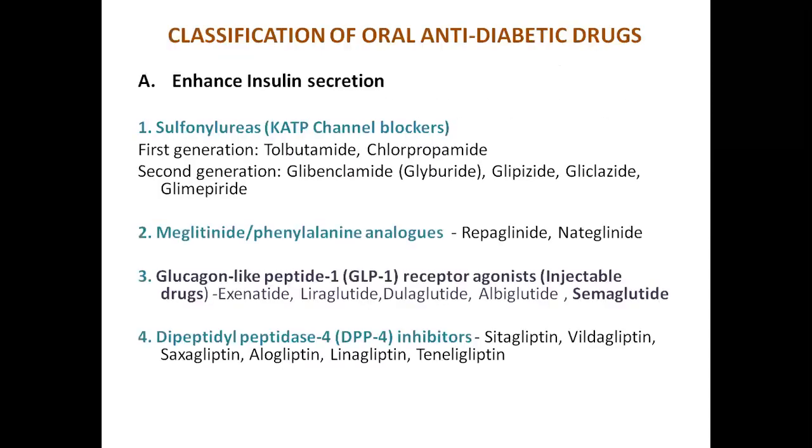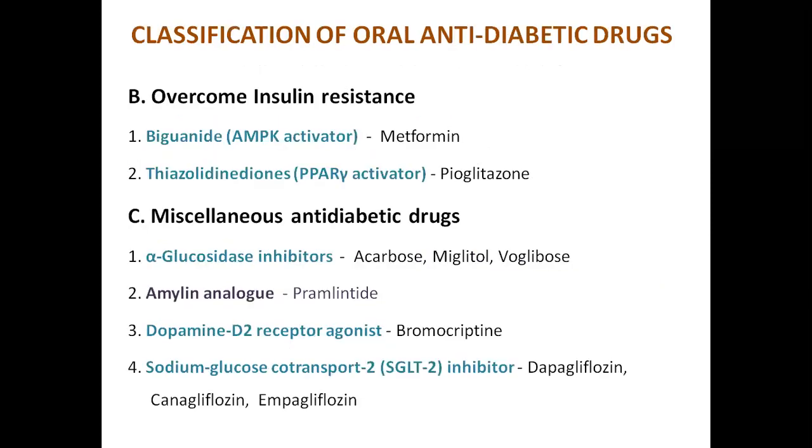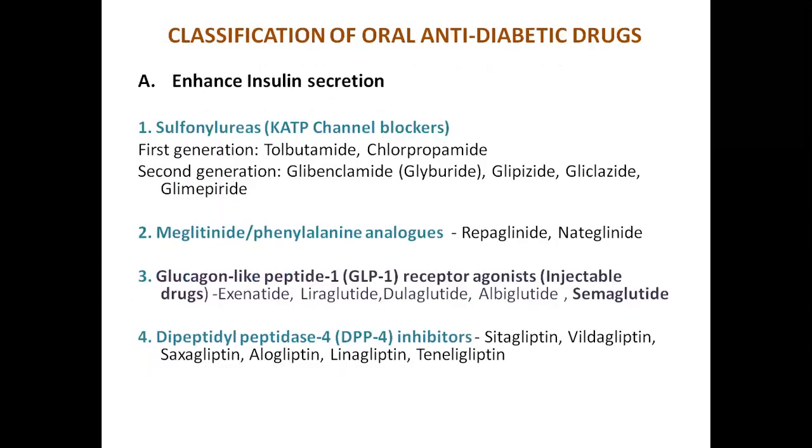Okay, we'll learn about the classification of oral anti-diabetic drugs. We can basically classify them as drugs which enhance insulin secretion, drugs which overcome insulin resistance, and miscellaneous anti-diabetic drugs. Coming to the drugs which enhance insulin secretion, they are also called insulin secretagogues.